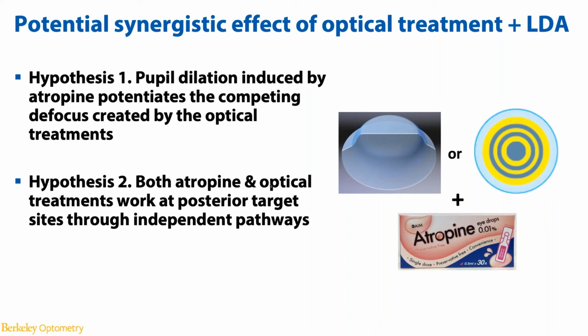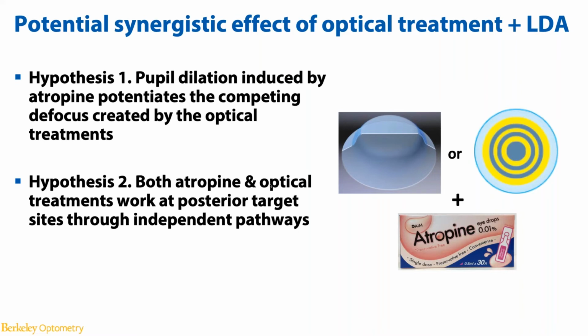If this hypothesis holds true, then it has to be low-dose atropine instead of any other dilating drops. Currently, we don't really know whether it's the first or the second, or whether both hypotheses are explaining the apparent synergistic effect between the two. But I just want to bring this to everybody's attention, that this is something we as clinician researchers are striving to really understand better.